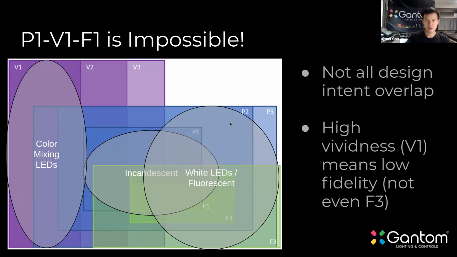And then white LEDs and fluorescent kind of covers this range. And you'll see some of them do satisfy your high fidelity and high preference requirements, but many times they lie outside of it. So what that means is if you require absolutely a P1, F1, there's just going to be less products available on the market that you can specify that satisfy your design intent.